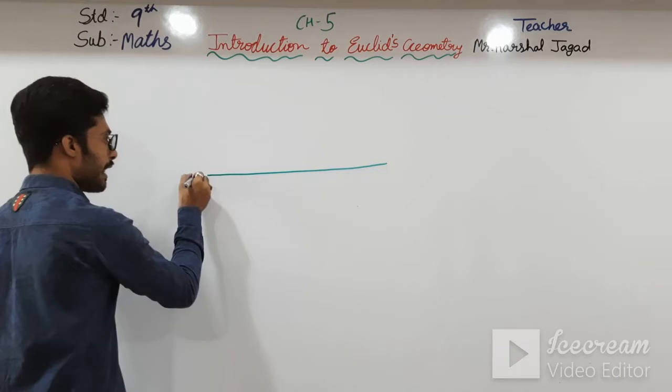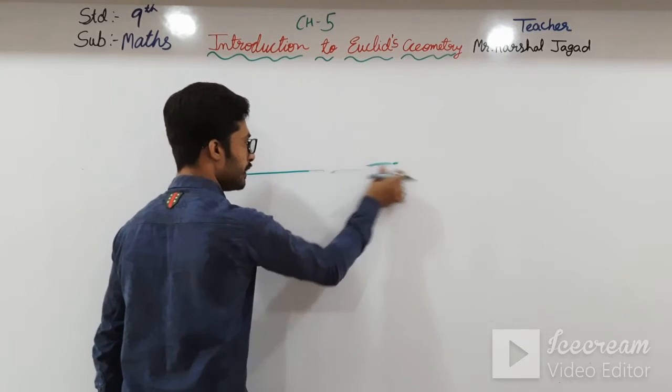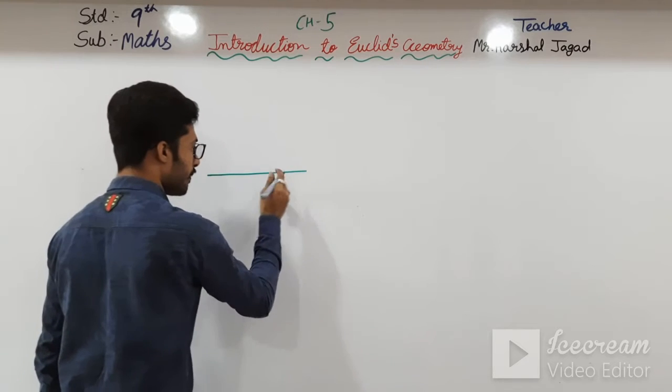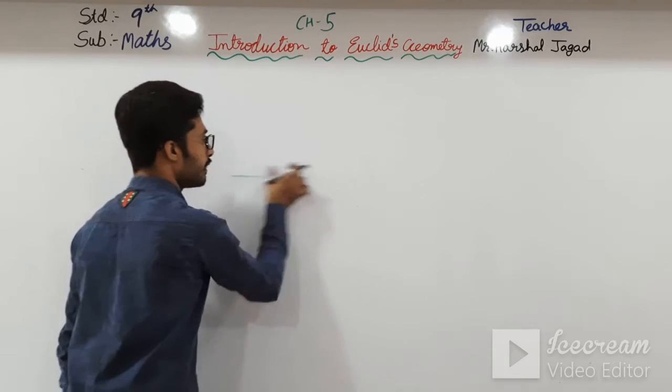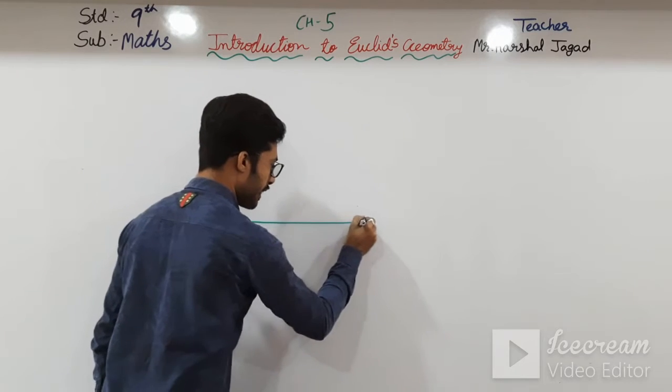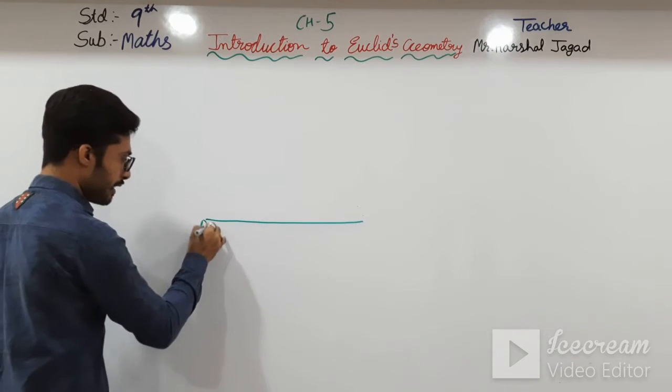and, sorry, let me draw another line only. So this is a straight line, okay, that is AB.